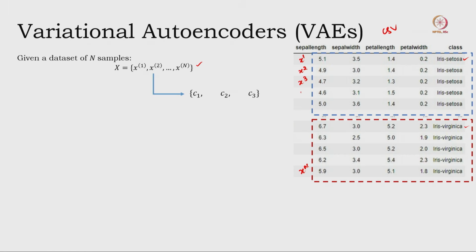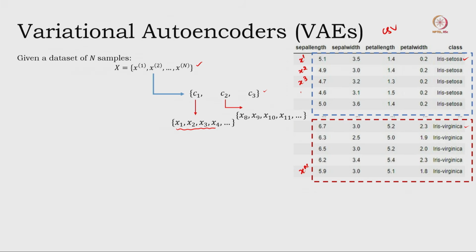We have three different classes. Let us assume those three classes are C1, C2 and C3. Now, some data points belong to one class, and some data points belong to another class. That is what is being written here. There are some points which belong to the class C1.